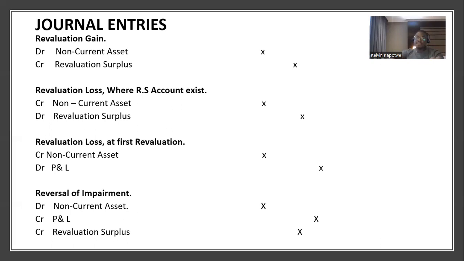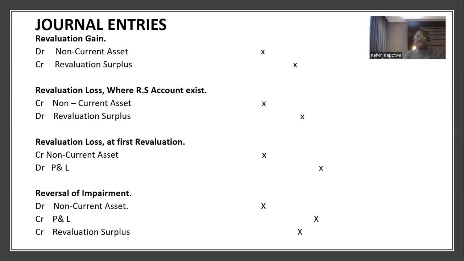Revaluation loss, where a revaluation surplus account exists: what you're going to do is just credit the non-current asset if there's a loss, to reduce or restate the value, and then debit revaluation surplus to also reduce that loss from there. Then revaluation loss at first revaluation.